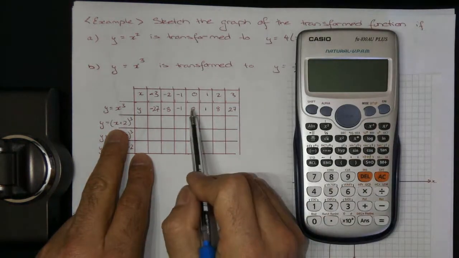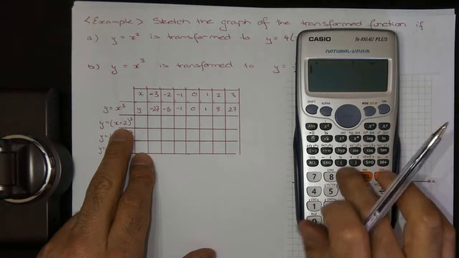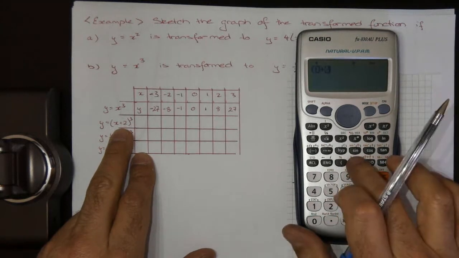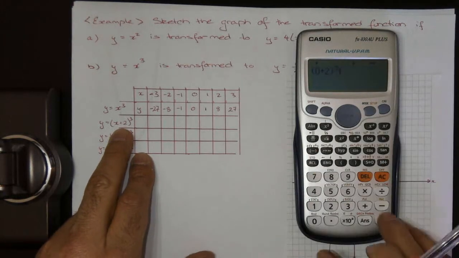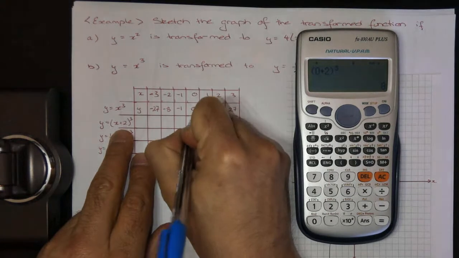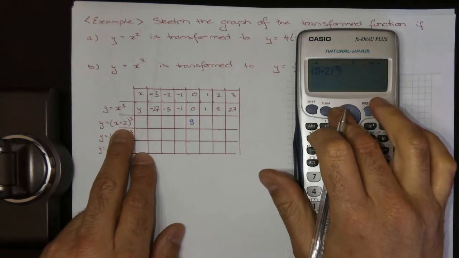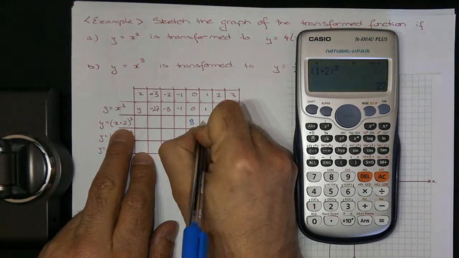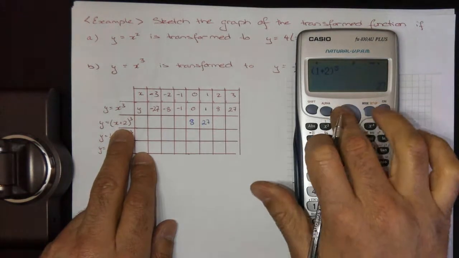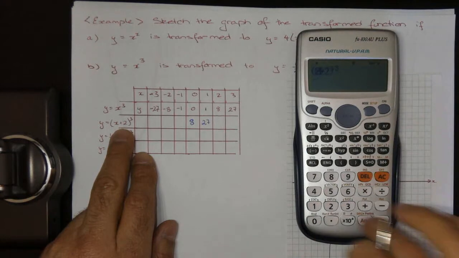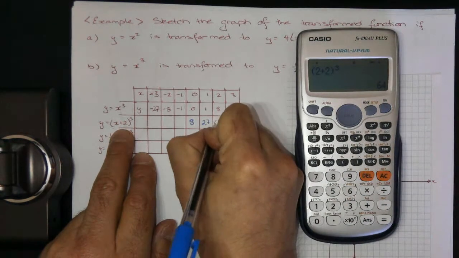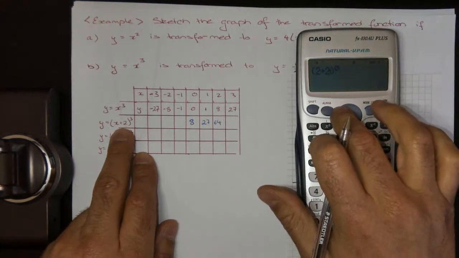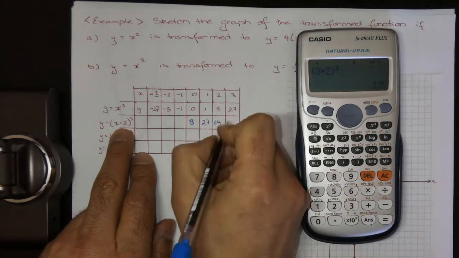If you had 0, 0 plus 2 and then you cubed it, that would give us 8. The 1 would give us 27. The 2 would give us 64. The 3 would give us 125.